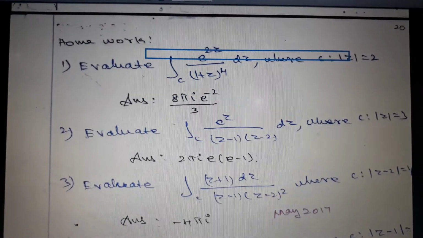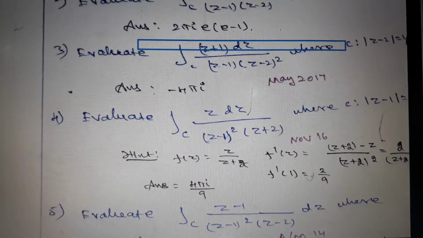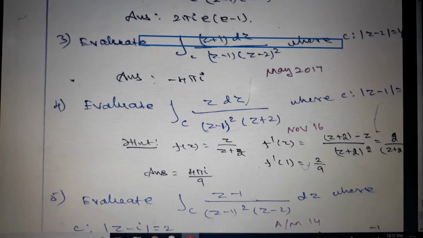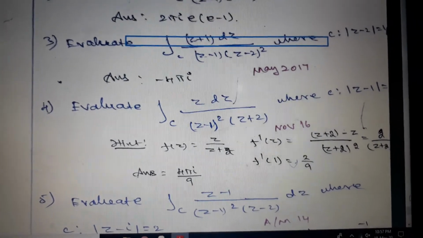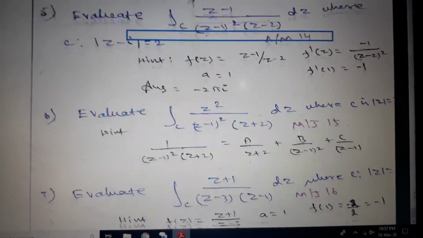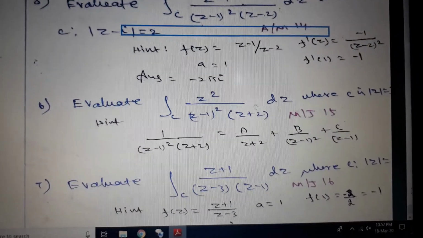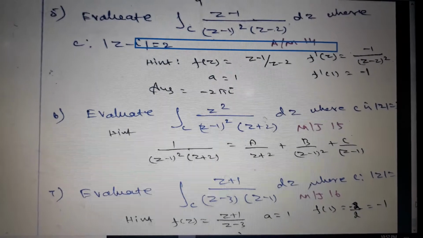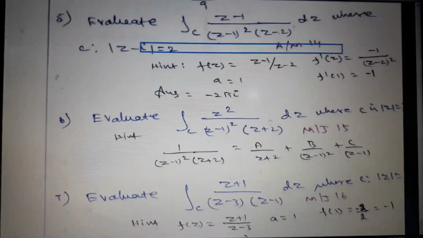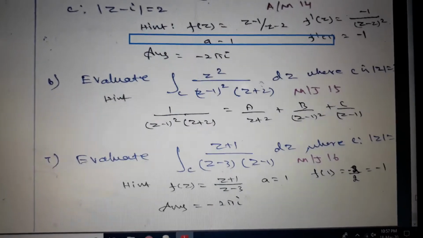My homework problems also are at least university questions: third is November 17, fourth is November 16, then fifth problem is April May 14, then sixth problem is May June 15. See, the sixth problem is a different one, because I have to apply another case of partial fraction. Just refer to it.